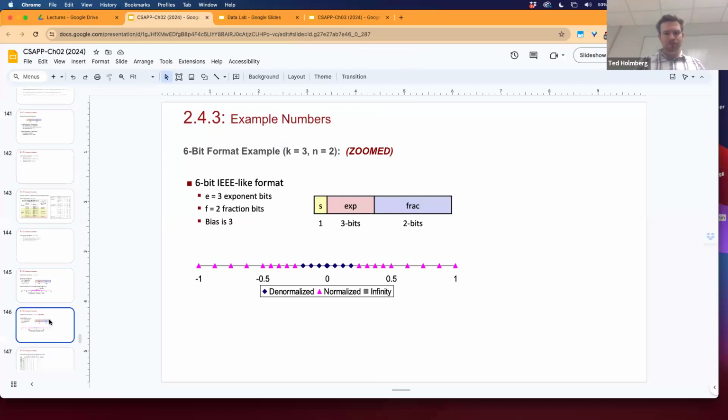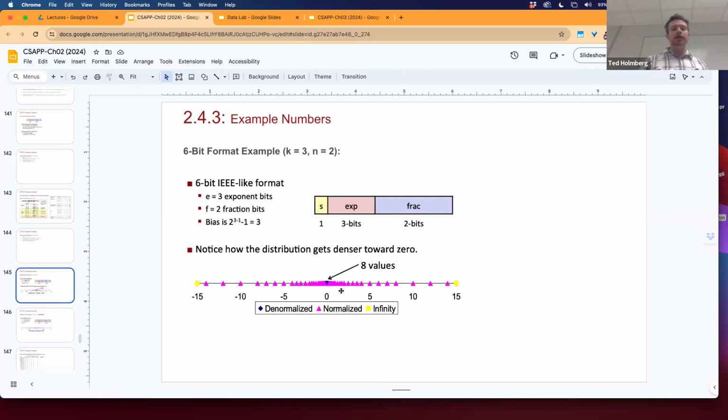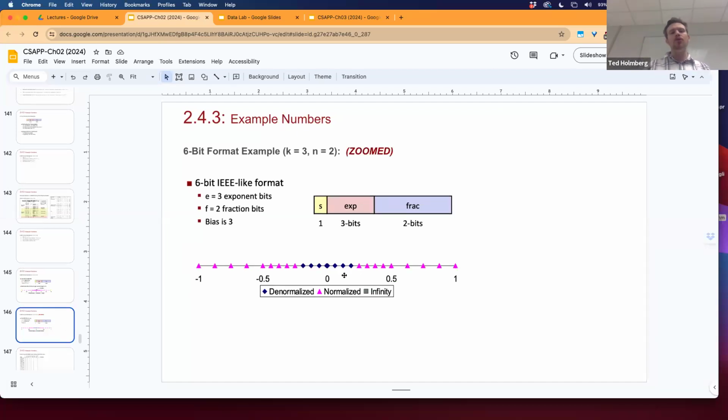Okay, so if we were to zoom in on that visualization now, because again, you could see we have a dense clustering of our normalized terms, and then just the 8 denormalized terms. You could see right here, those will be those 8 denormalized. Some will be on the negative side, some will be on the positive side, and then 0 counts as one of those encodings.